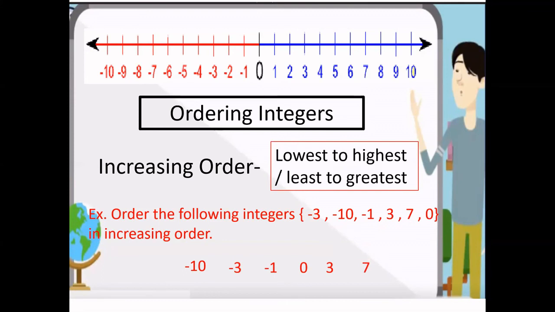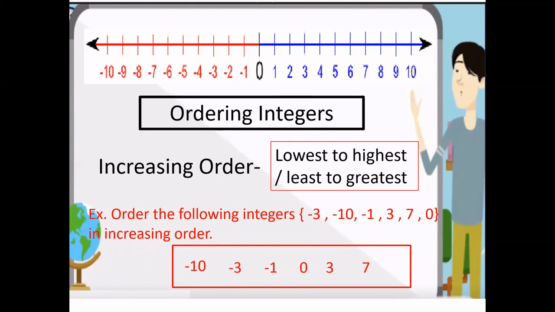Very good, you got it. So this is the right order, increasing order, which is from lowest to highest or least to greatest. Negative 10, negative 3, negative 1, 0, 3, and 7.